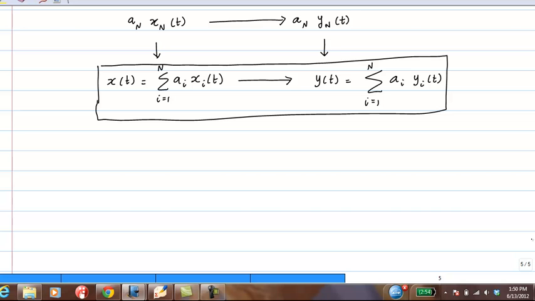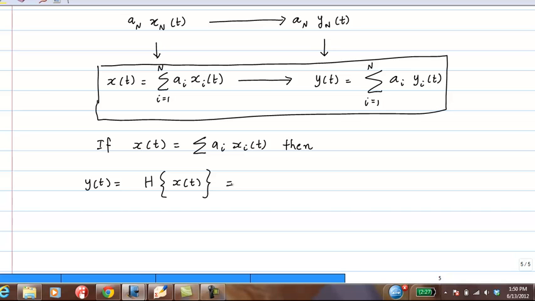Another way to write this, in terms of operators, is to say that if x of t is equal to summation ai xi of t, then y of t, which is h applied to x of t, which is h applied to summation ai xi, is the same as summation ai times h applied to xi.